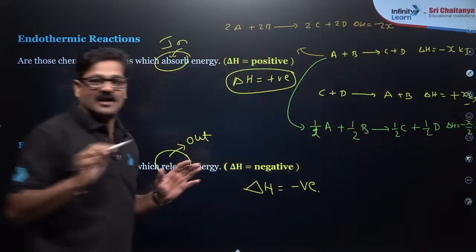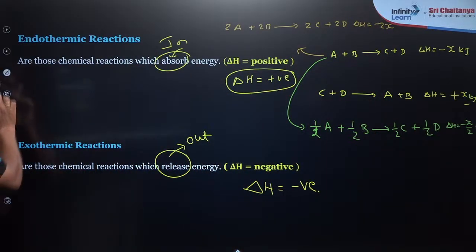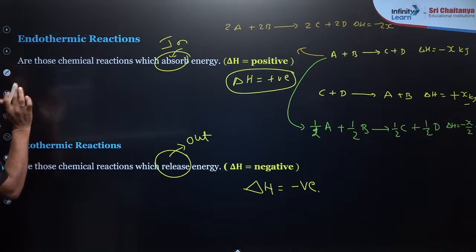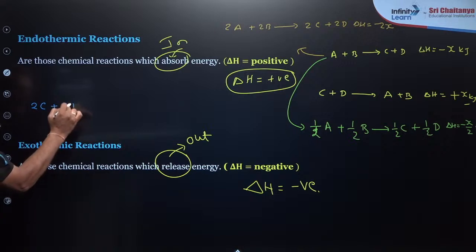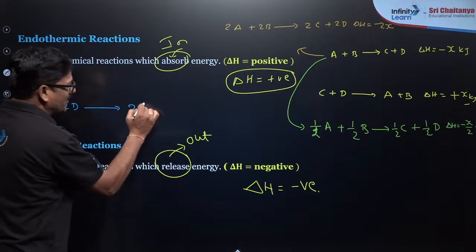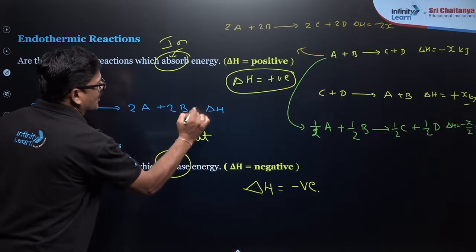So और एक सवाल है आपका. So let us say, if I want to ask you, if 2C plus 2D gives rise 2A plus 2B, इसका डेल्टा H कितना होगा? अभी बताओ.